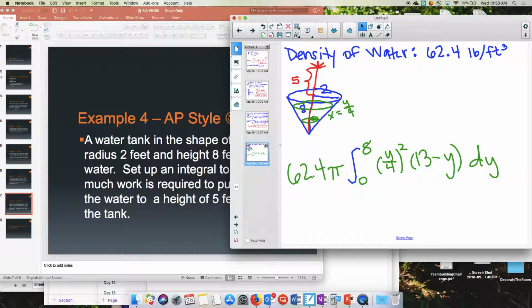Because if you had a certain volume of water, regardless of what shape it was in, shouldn't it take the same amount of work? No. So the answer is, think about drinking water.